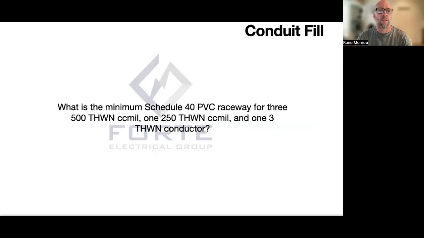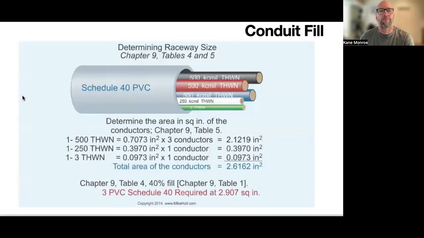So what is the minimum schedule 40 PVC raceway for three 500 kcmil THWN conductors, 250 kcmil THWN conductor, and one 3 AWG THW conductor? Here again, guys, table 5, table 4.